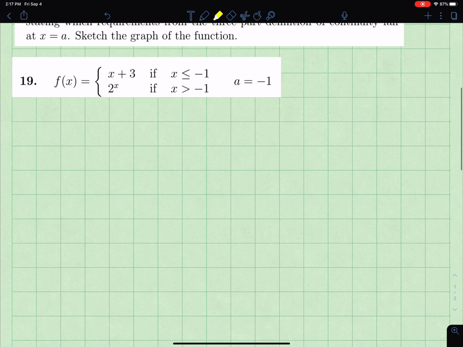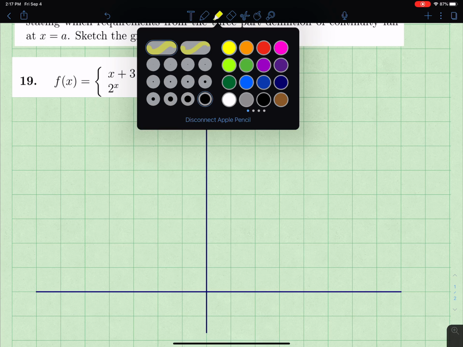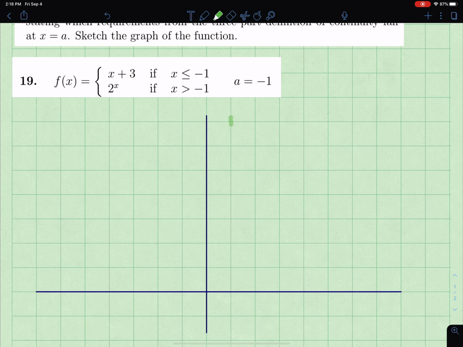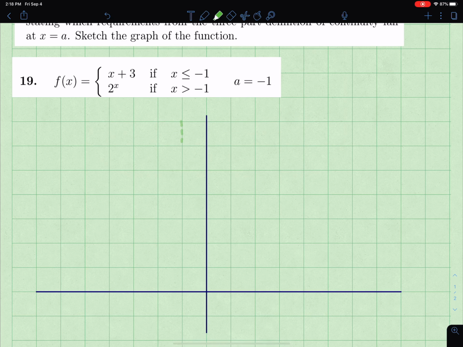This is a piecewise defined function, and I'm going to make a little dotted line at this cutoff point, which is at x equals -1.